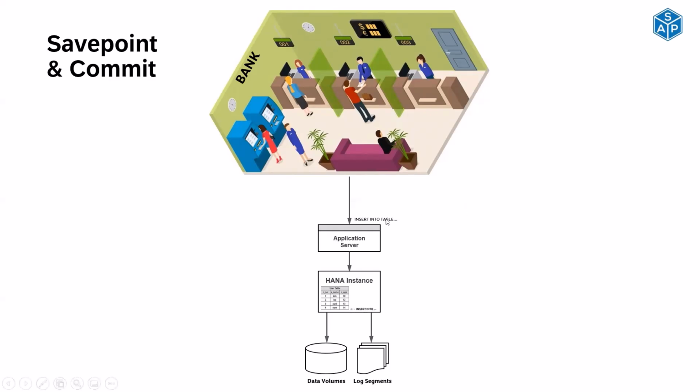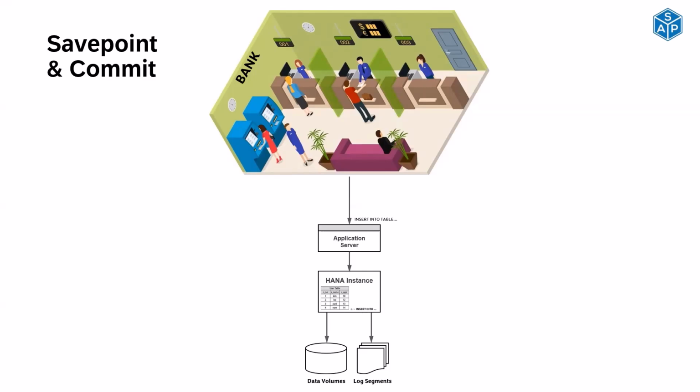Now as soon as the transaction is hit from your front end system, it comes to your application server. The application server will execute that transaction and send it to the database. The database will run that query on the data set which is loaded in the memory. Do you get it?